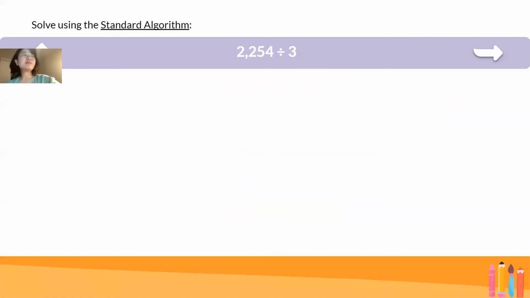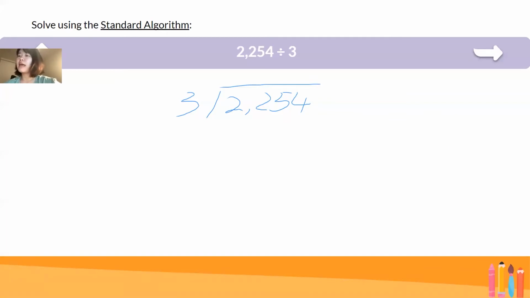And let's see this one. Also solve using the standard algorithm: 2,254 divided by 3. Okay, so 2,254 divided by 3. And let's start from the thousands place. And I see 2 is less than 3, so we cannot break anything into 3 groups from 2.